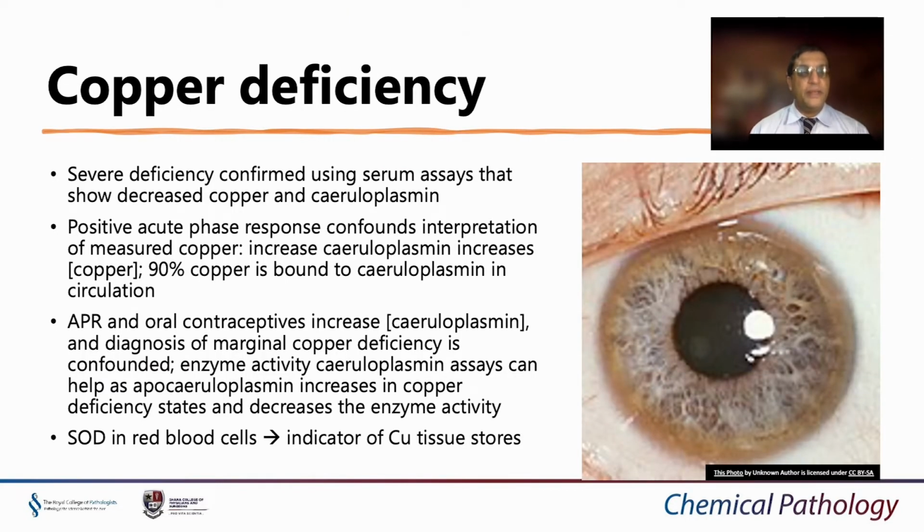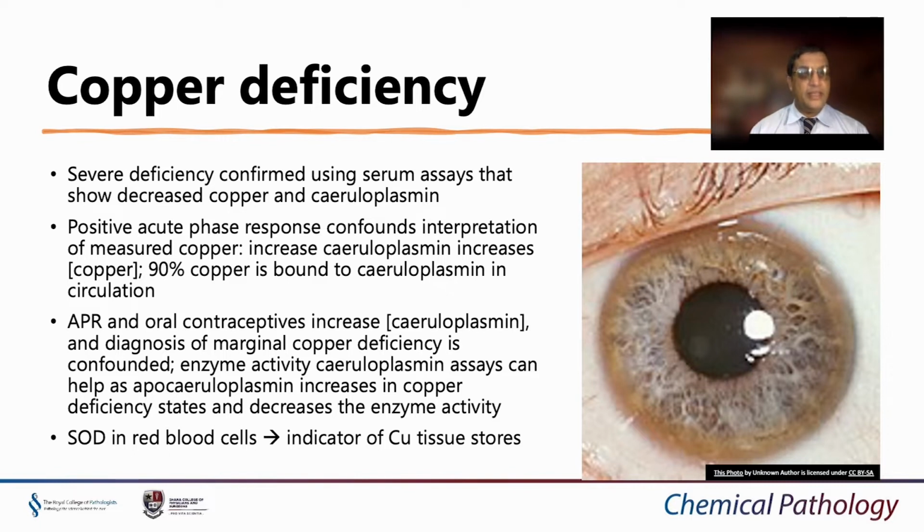Quantifying copper using serum assays can identify deficiency. Copper levels are decreased, as is ceruloplasmin, its carrier protein. Positive acute phase responses confound interpretation of the measured copper.